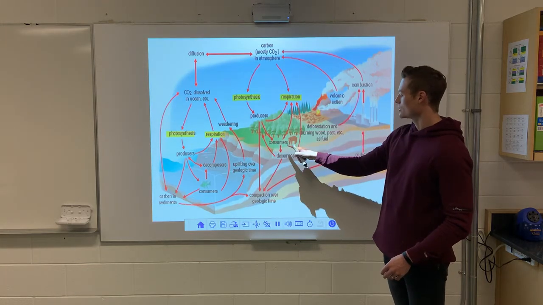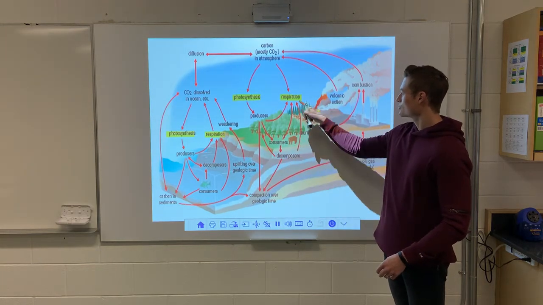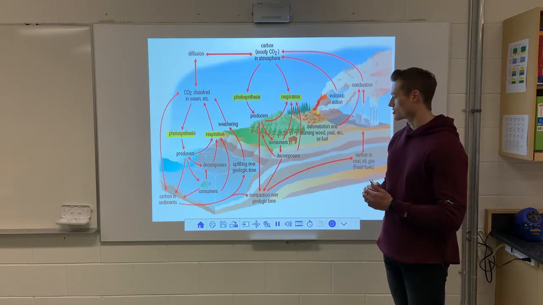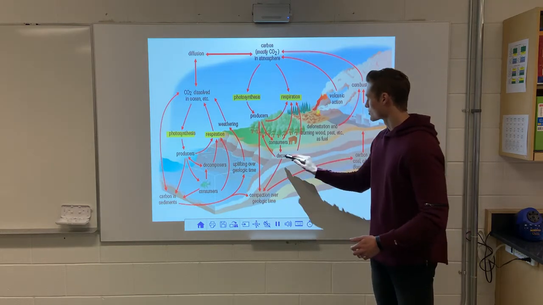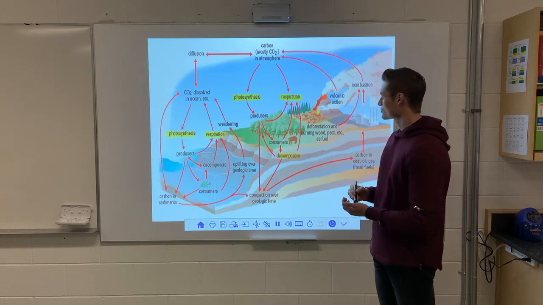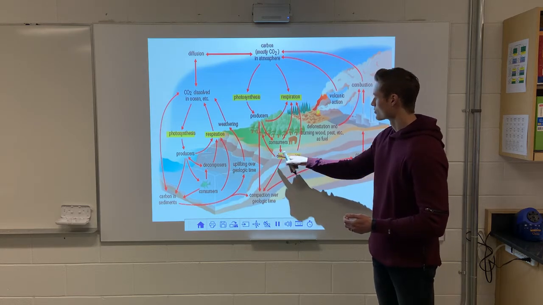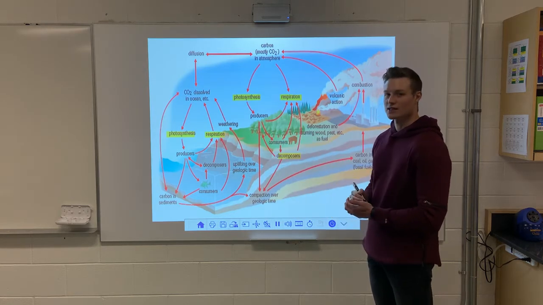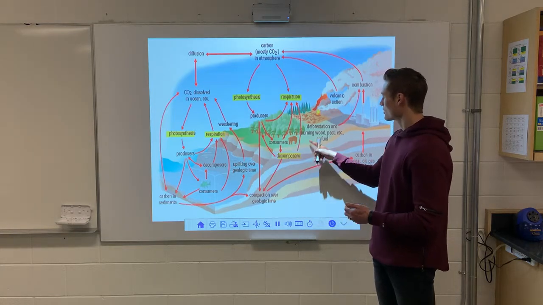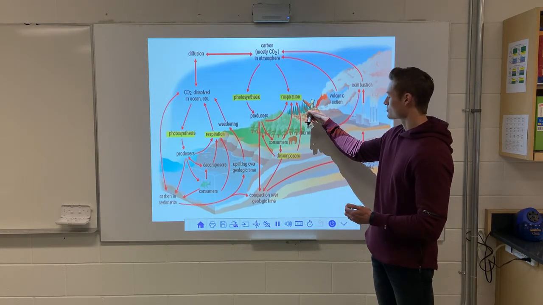Now, consumers will eat producers, which they too will undergo cell respiration. And decomposers, which are really important here, do a few things. One, they can recycle the carbon so the producers can take it up again. Two, they release carbon through respiration.